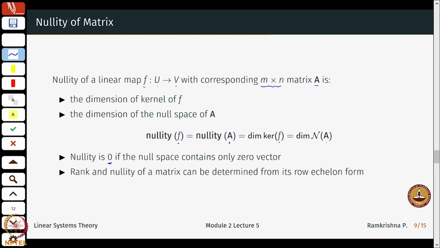The 0 vector here maps to the 0 vector there, and nothing else maps to the 0 vector on the other side.